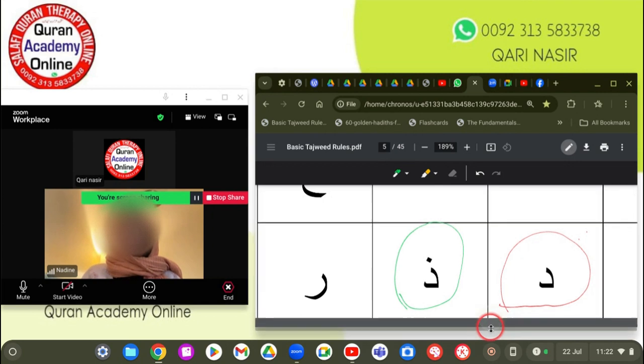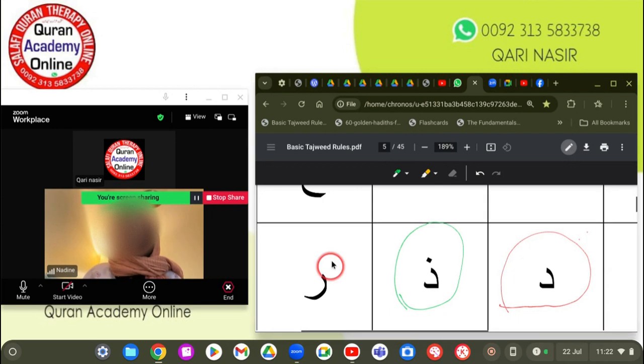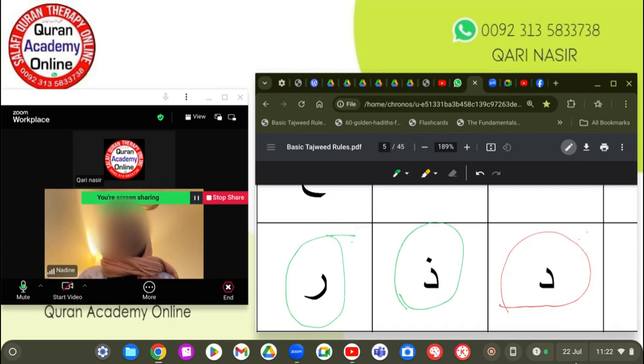Ra. And the second green, last letter? Za. Astaghfirullah, inna lillahi wa inna ilaihi rajiun.